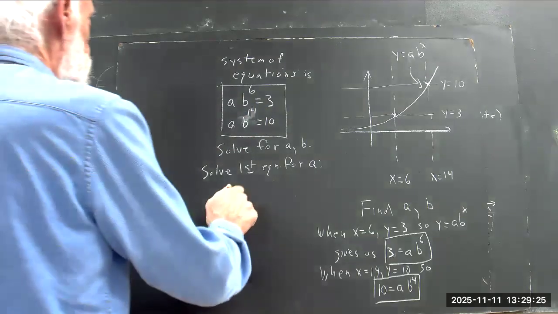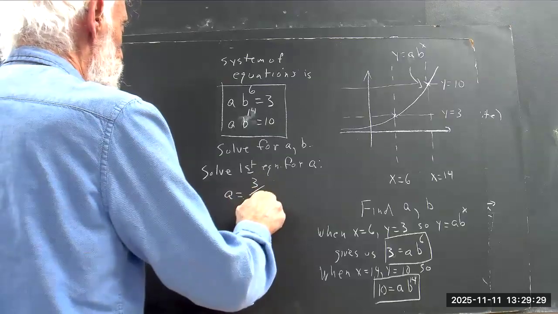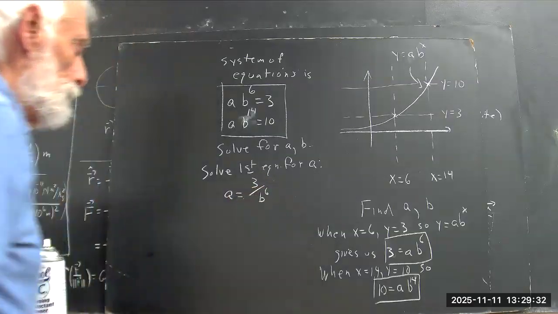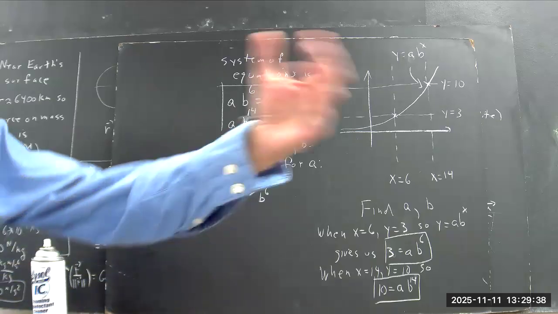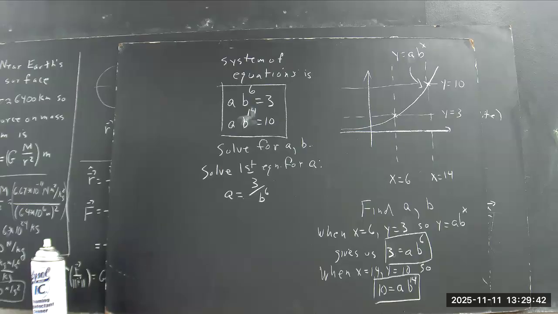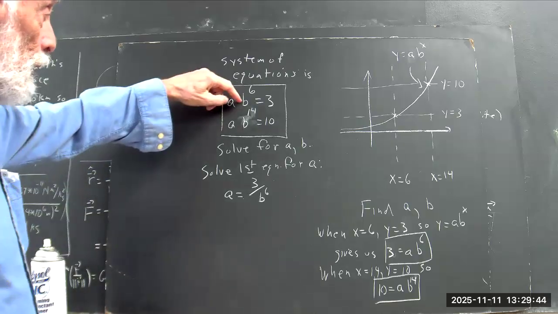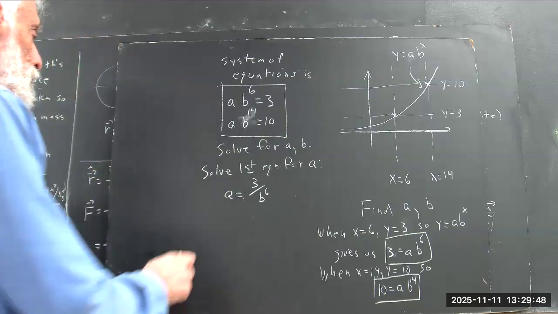And hopefully it's obvious that what we get is A equals 3 divided by b to the 6th. I'm not going to write out every step of that because it's pretty obvious. If you have 2x equals 7, you're going to get x equals 7 over 2, right? Same thing. Just going to divide both sides by b to the 6th, and there it is.